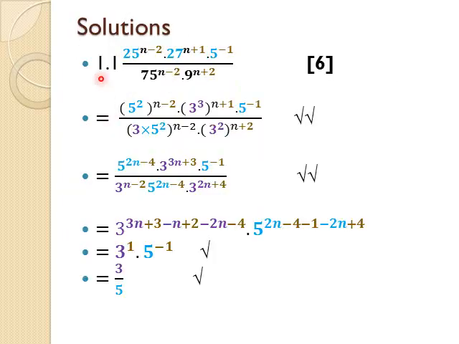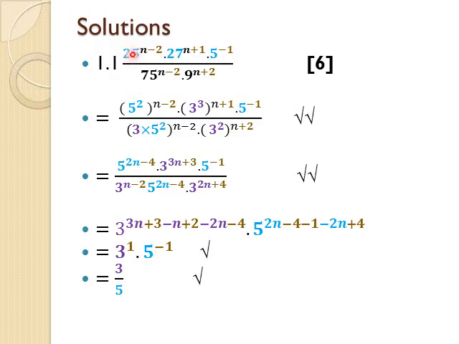So 1.1, we have 25^(n-2) times 27^(n+1) times 5^(-1), simply said, simplify 75^(n-2) times 9^(n+2), 6 marks. So first and foremost, in this multiplication and division only, we're always first going to find prime bases.